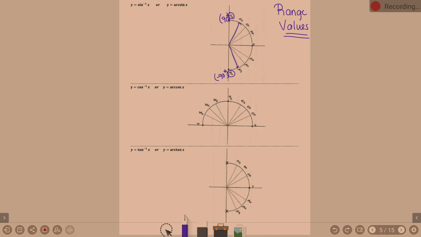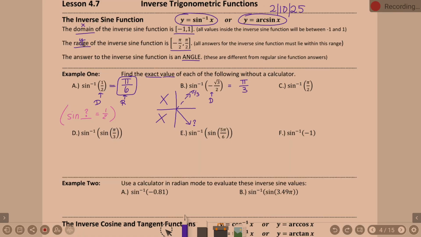It says 5 pi over 3, correct? Okay, so that's the equivalent angle with the same reference angle down below, but 5 pi over 3 is not in my range. And so that's why we have to use the negative pi over 3. Okay, so for our answer on this problem, we're looking at negative pi over 3.